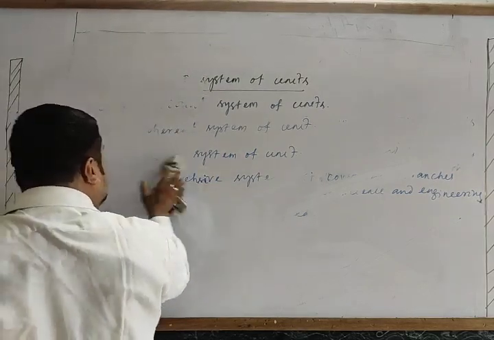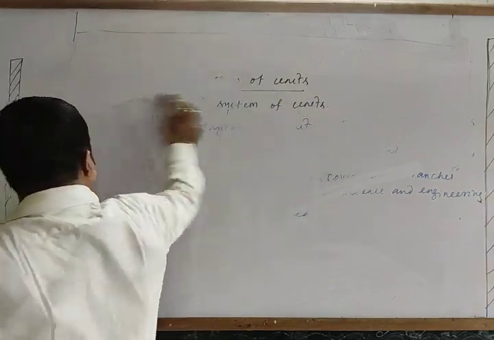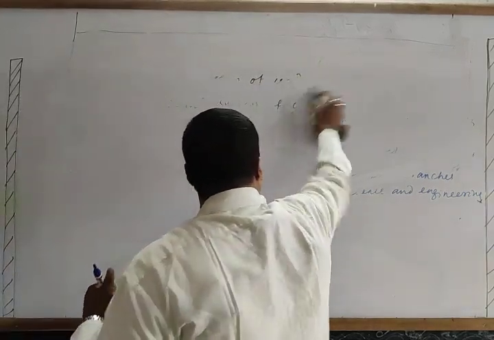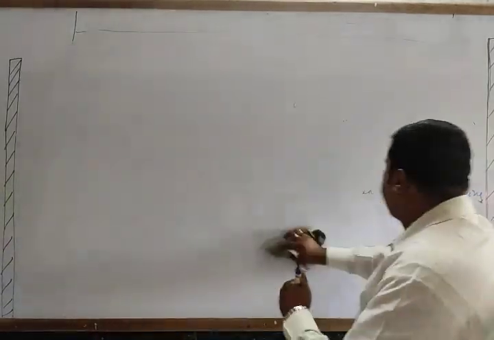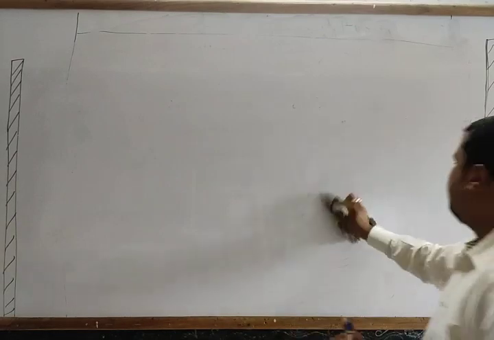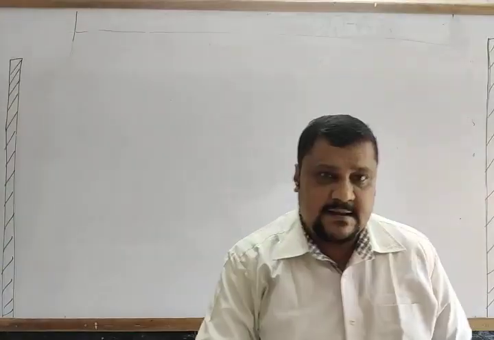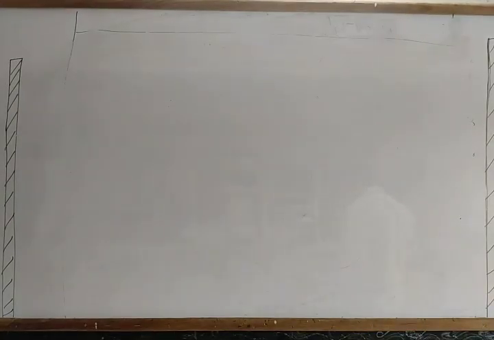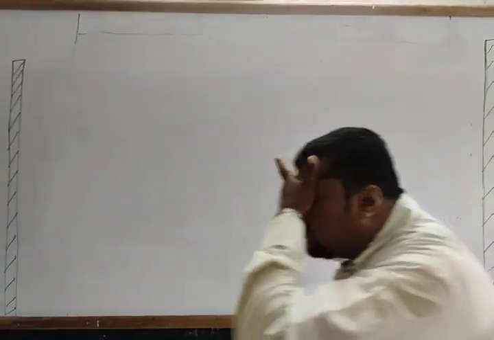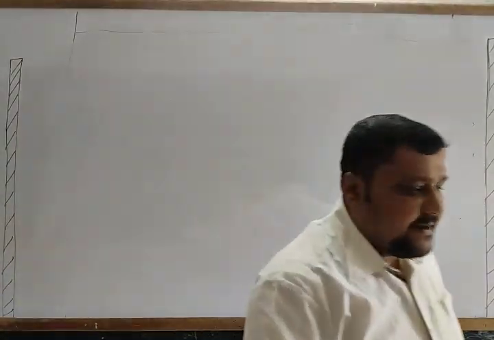Now when I am discussing the metric system of units, there I have used the relation 1 kg is equal to 10 to the power 3 gram. So for this kg I am using a multiple of 10.